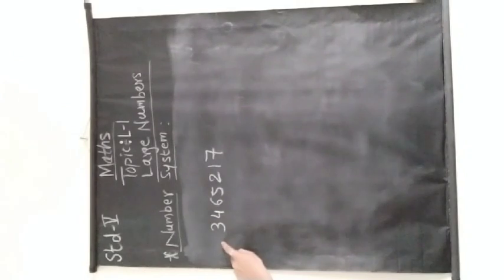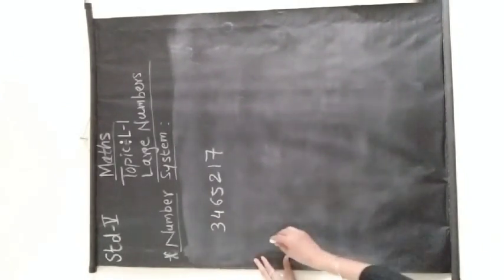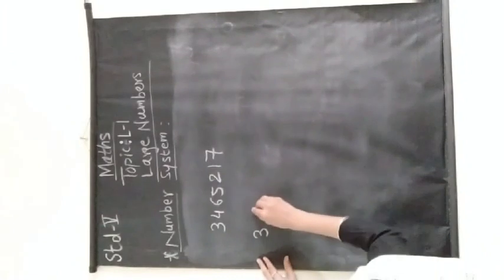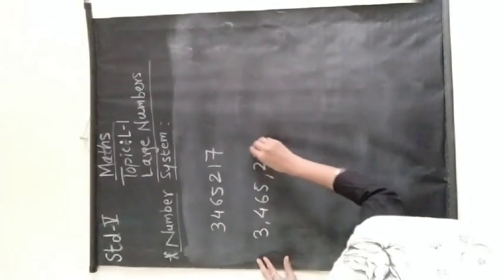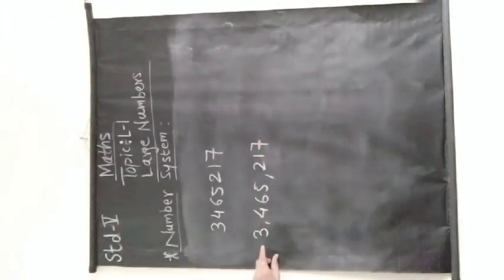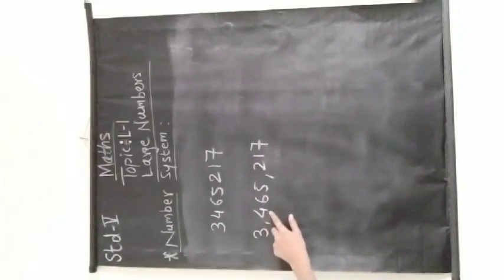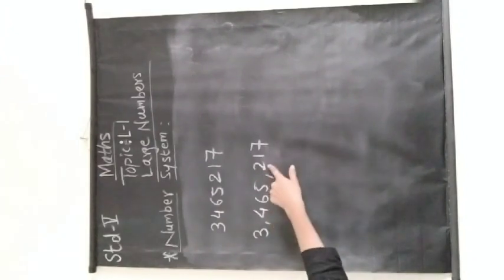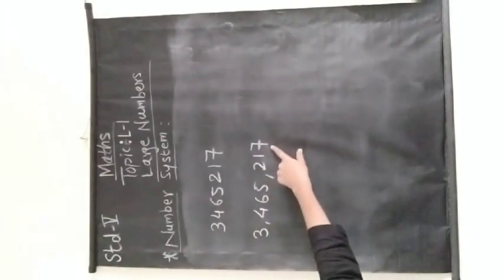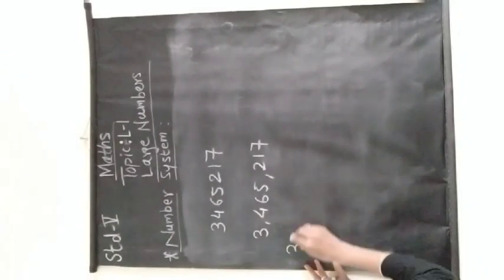Now let's take one example. I have written one number here. In the international system, how are we reading this number? Yes students, now we have to give commas. Okay, like this you have to write the number. This number is 3,465,217. How do I read it?